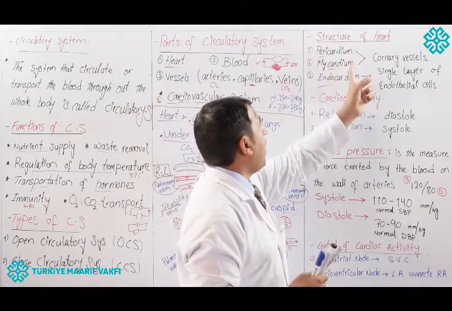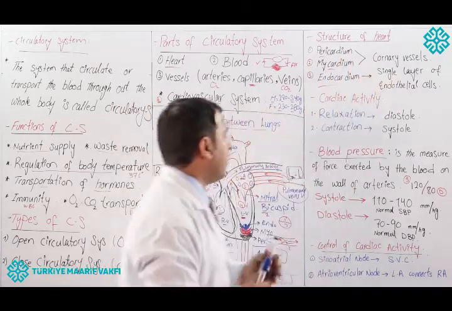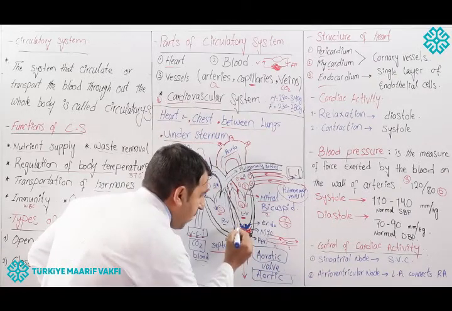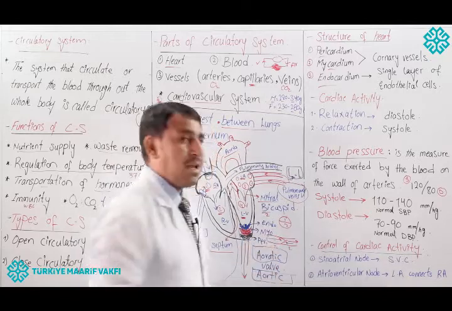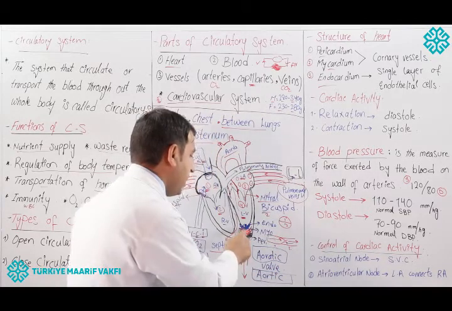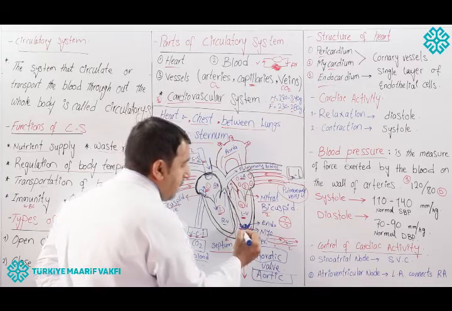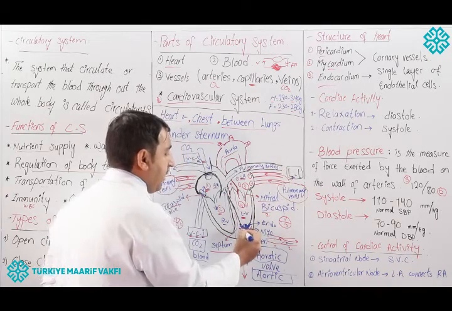Now in the pericardium and myocardium, we have coronary vessels. Myo means muscle. This is the muscular part of the heart, the cardiac muscle, we can say.